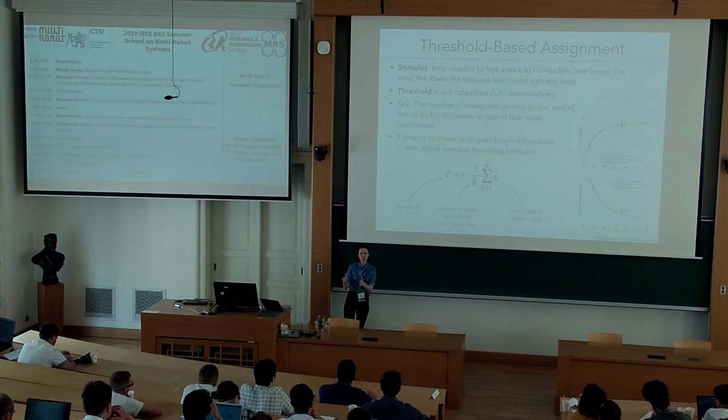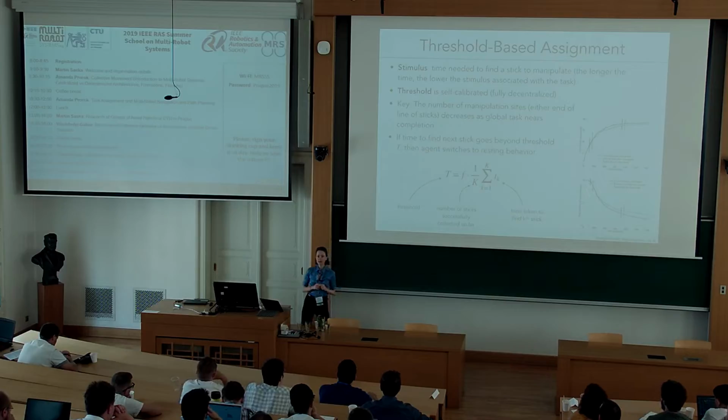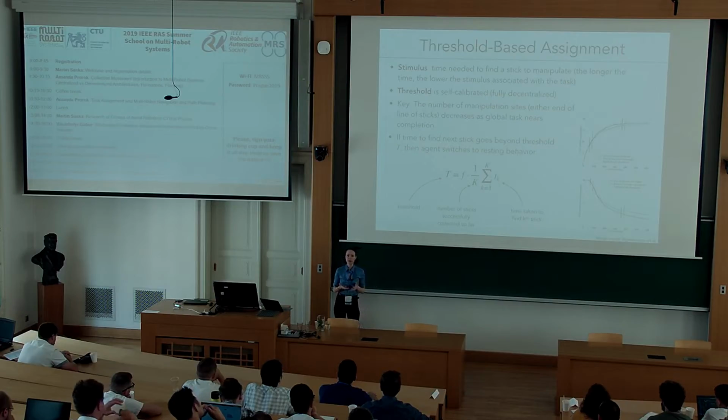And the more poles that are actually placed into this row of poles, the fewer poles the robots are going to be encountering. And so the stimulus was simply defined by saying, well, we have this threshold, which is going to be calibrated as a function of the time it takes for any robot to find a pole that it is able to pick up.